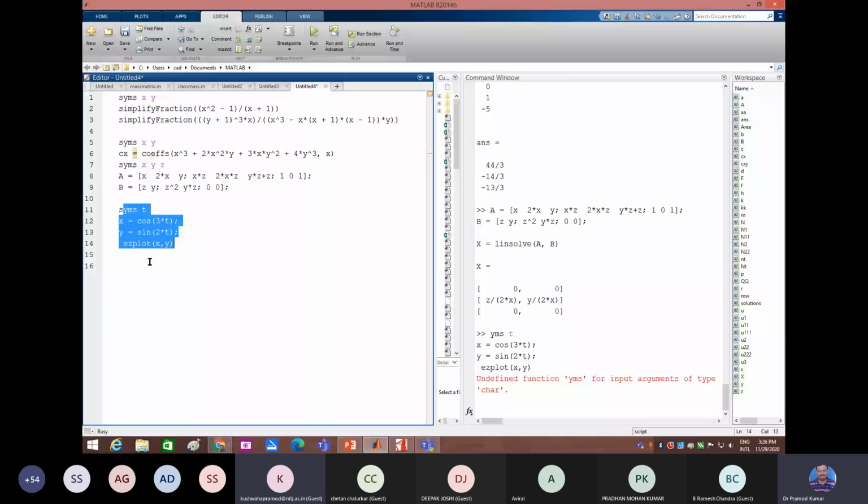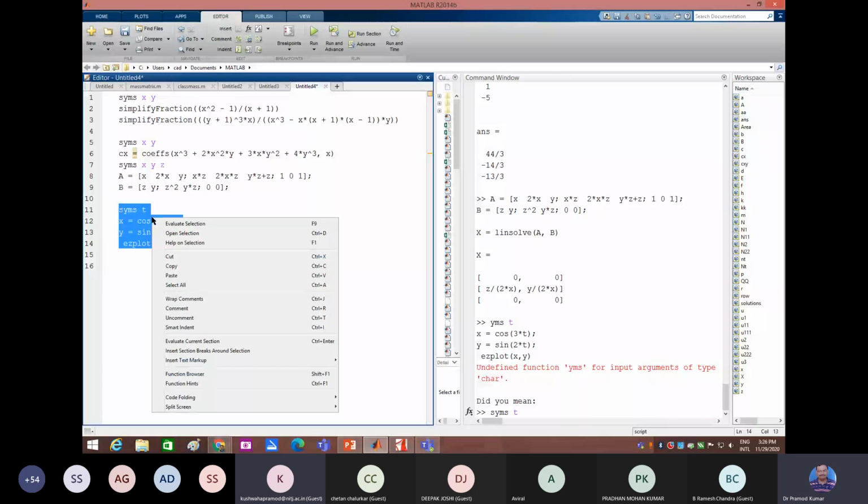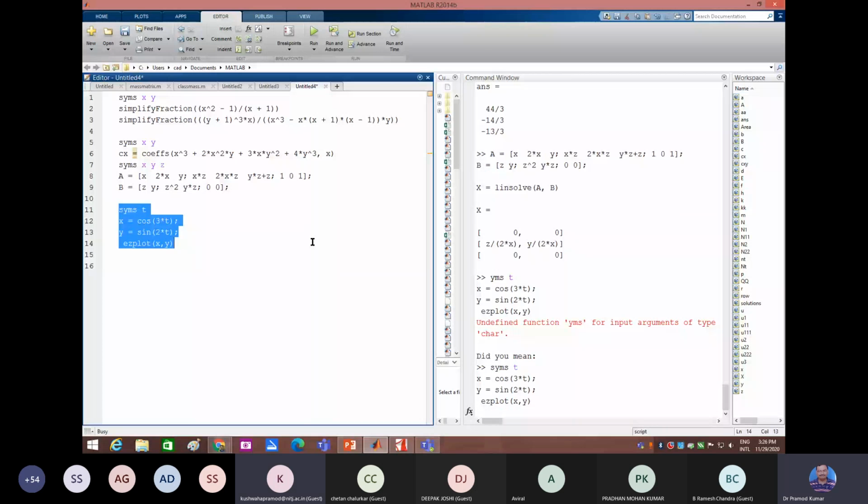Something wrong. Okay, here you have a study about the plot command, where you have to give the values in the symbolic mathematics also. You can plot two variables straightaway.